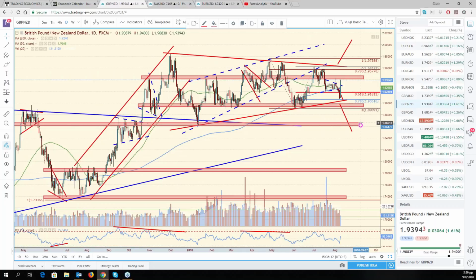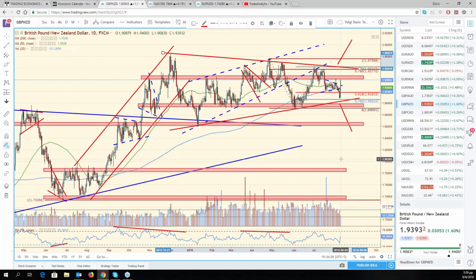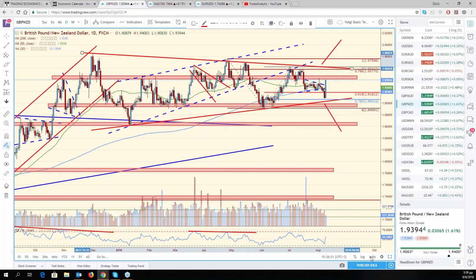But that actually doesn't help the pair break out from this recent formation. Let me put it here. Let me extend it here so you can see it better. So I would say that we still have to respect the potential for more upside, especially in the euro kiwi.